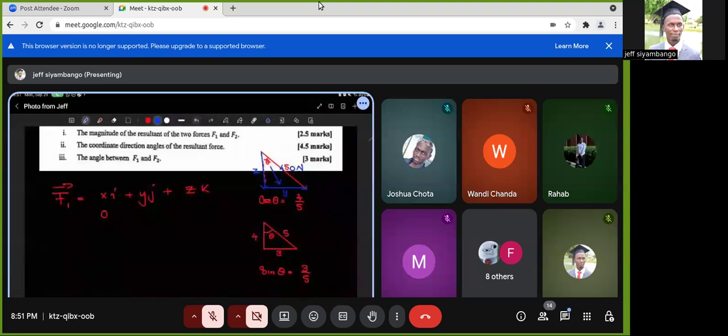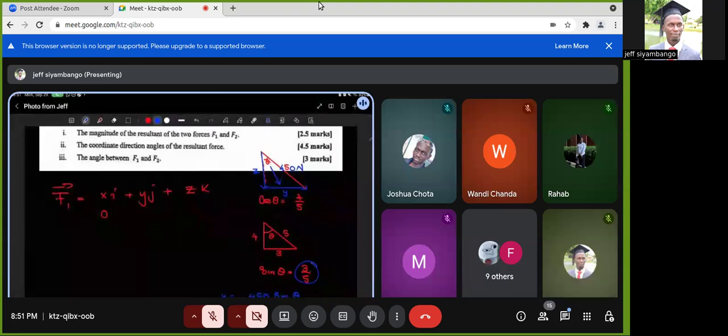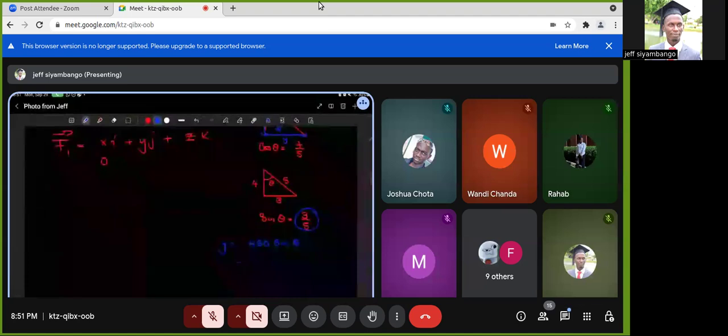So y is equal to the vector itself, 450, and then sine theta. But we already know that sine theta is 3 over 5. So it becomes 450 times 3 over 5.